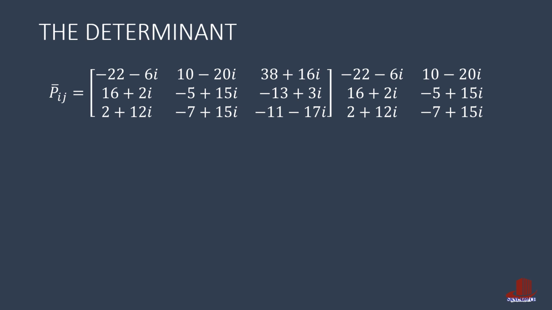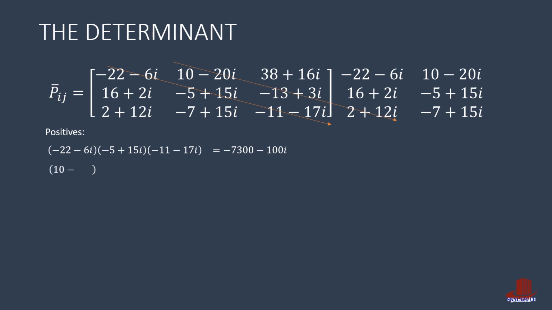First, take the positives by computing the products of elements in the diagonals. The first diagonal has the elements negative 22 minus 6i, negative 5 plus 15i, and negative 11 minus 17i. The product is negative 7,300 minus 100i.